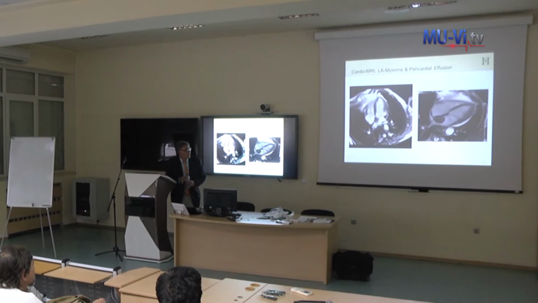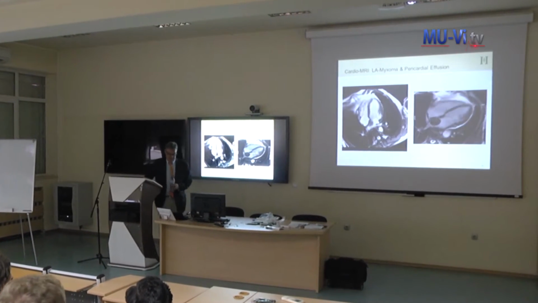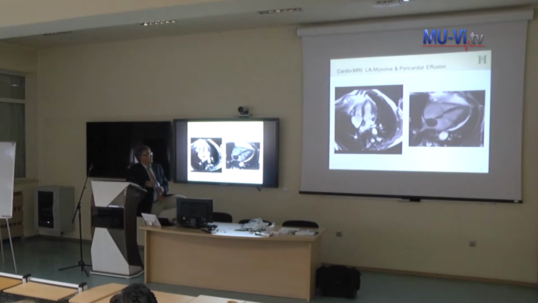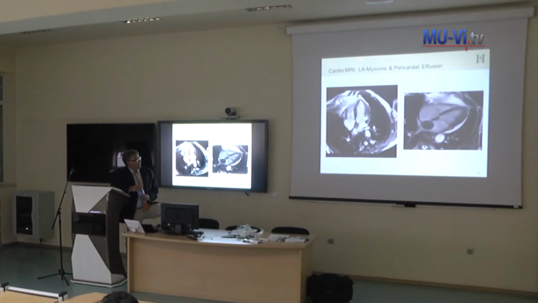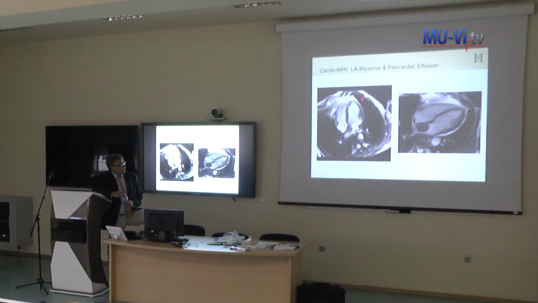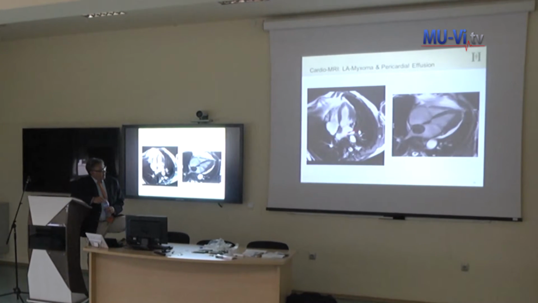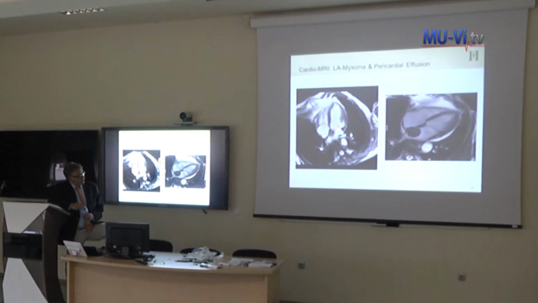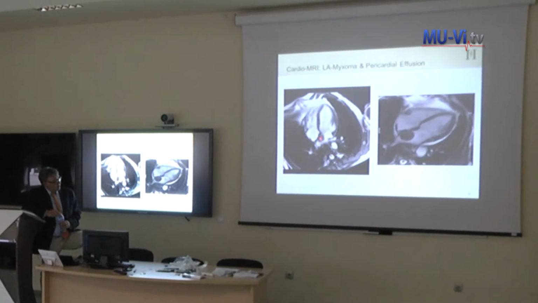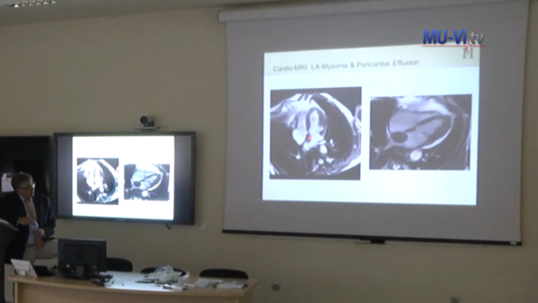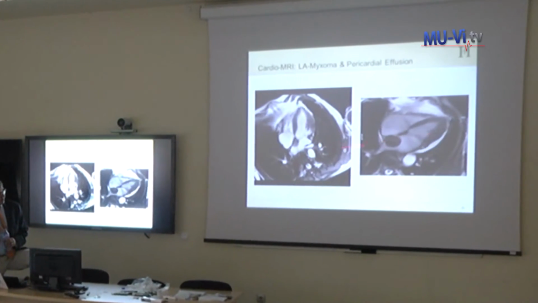Okay, what we see here are masses in the heart. You see here a myxoma and a bit of effusion. This is a benign tumor of the heart. It's called myxoma of the left atrium. Here, these are different patients.